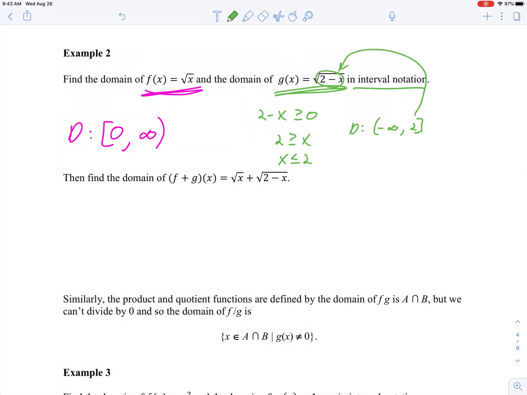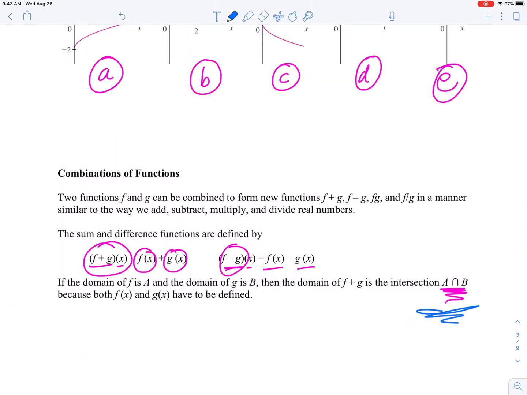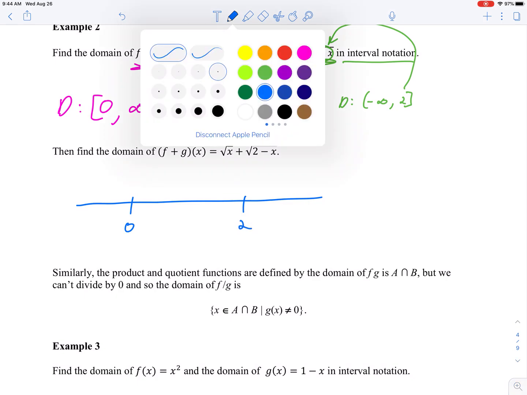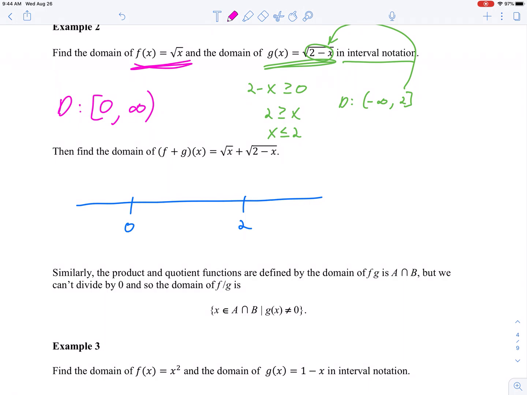Okay, so then find the domain of f plus g of x. We said before, right up here, the new domain is the overlap of the two original domains. This one's pretty easy to visualize, but let's graph it just to see it. So we have 0 over here, we've got 2 over here. The first domain, from radical x, was 0 included, so solid circle, to infinity.